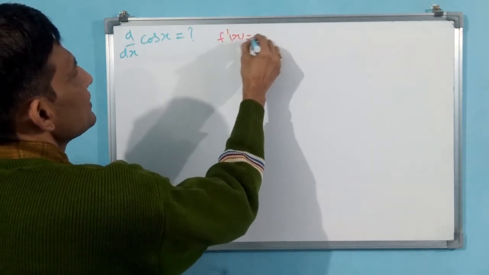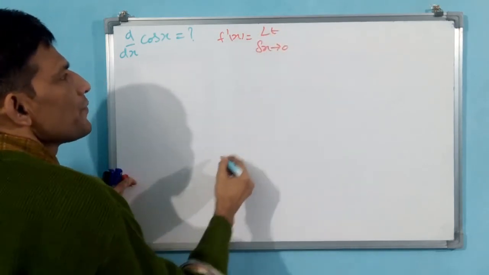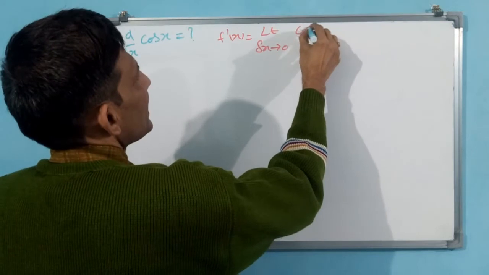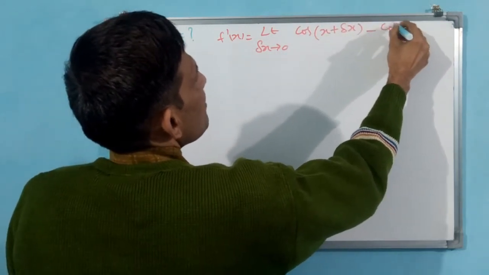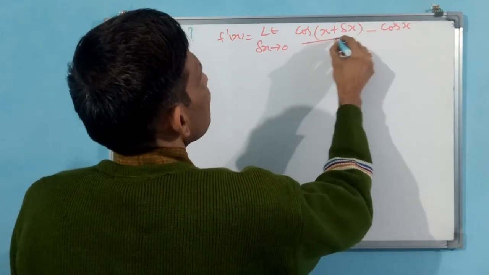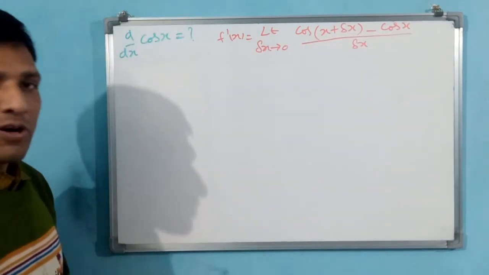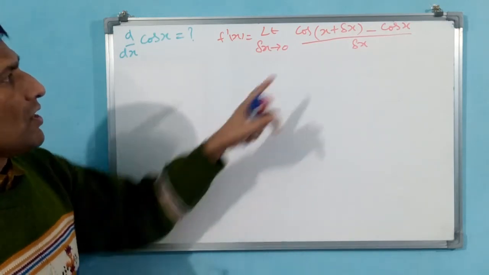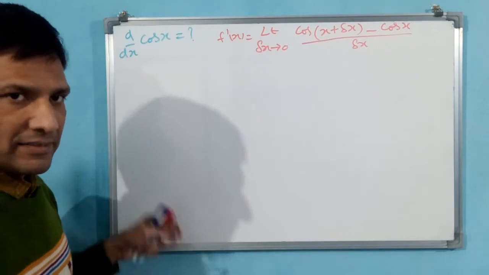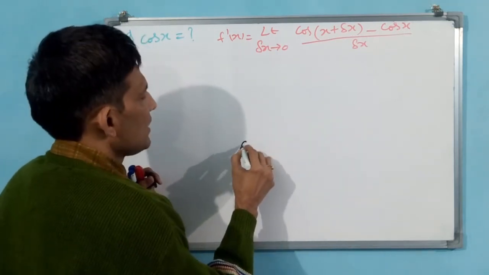F dash x is equal to limit delta x tends to 0, cos (x plus delta x) minus cos x by delta x. Again here also a cos formula you have to take. Now I am taking this cos C minus cos D formula. How does it come? You see here I am writing the formula.